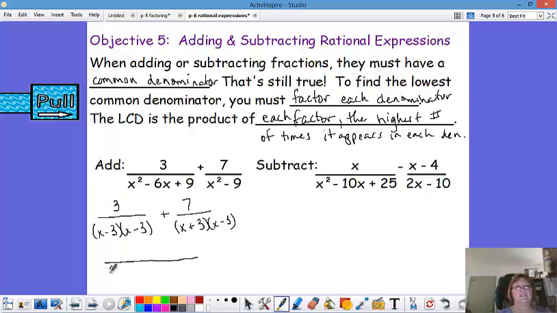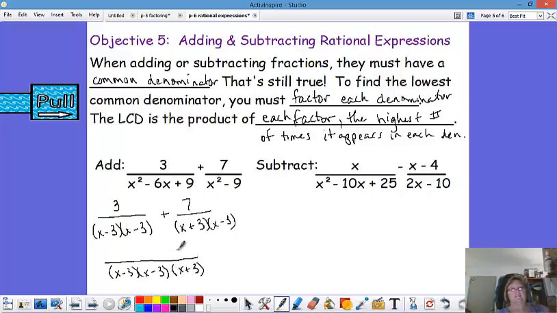So our denominator is going to be x minus 3 times x minus 3 from that first fraction. From the other one, it has a factor of x minus 3, but we already have that covered. There were two from this one, and they take care of this. We do have to include that x plus 3 factor, however, because this guy didn't have that.